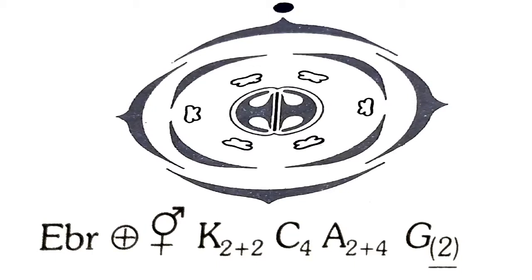Corolla is four and arrangement is cruciform, and androecium is tetradynamous, means two outer short and four inner long, 2 plus 4, and gynoecium is bicarpellary, ovary superior, and stamens are free. So this is the floral diagram. In the last NET examination, the floral formula of this family was part of the match the column question.